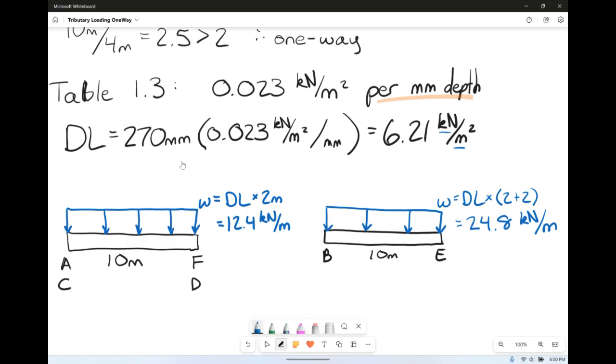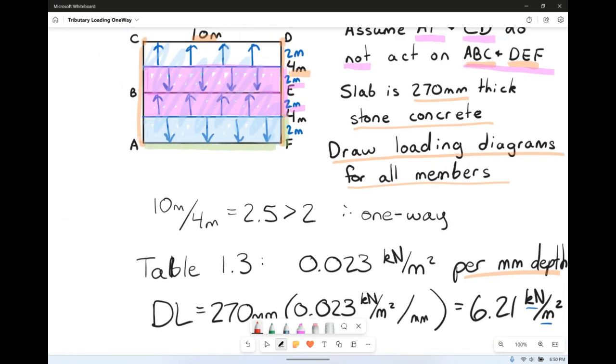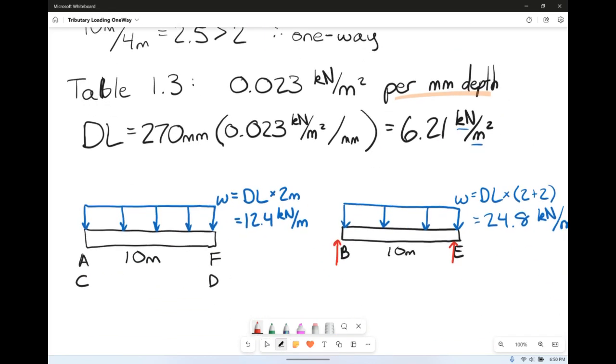So we're going to need to find how much force is actually being applied at the ends here. How much is going to go on that member? How much does point E on this beam rest upon this member? So we need to find the reactions here at the end.